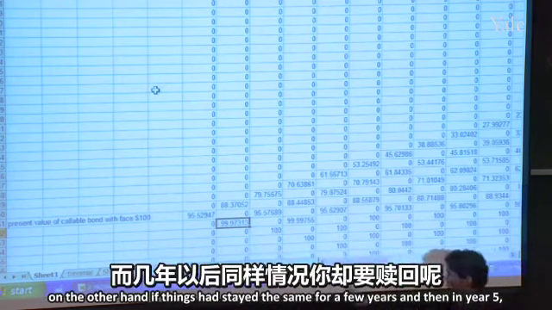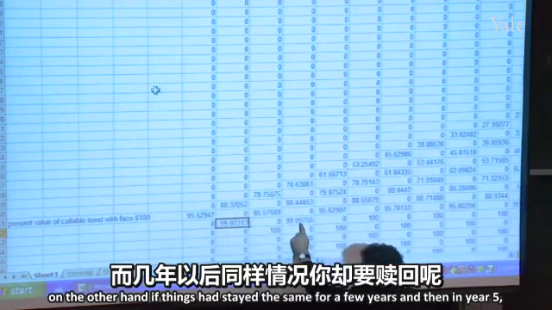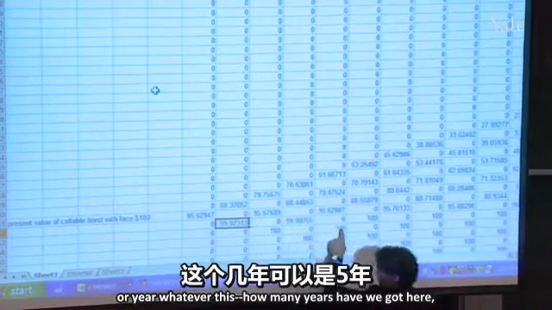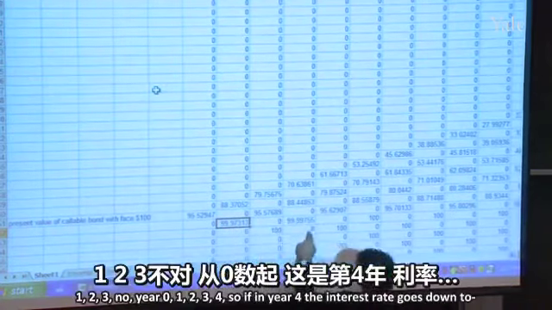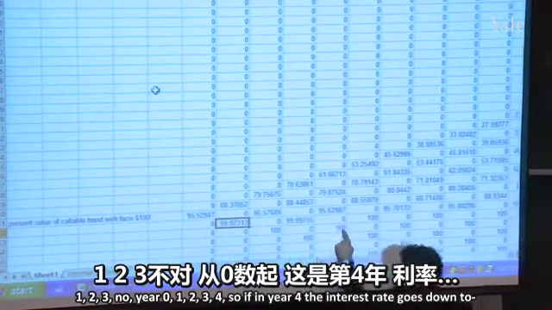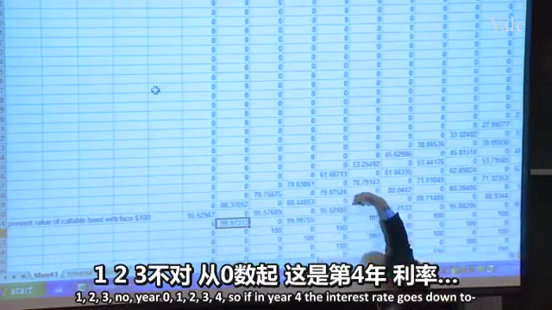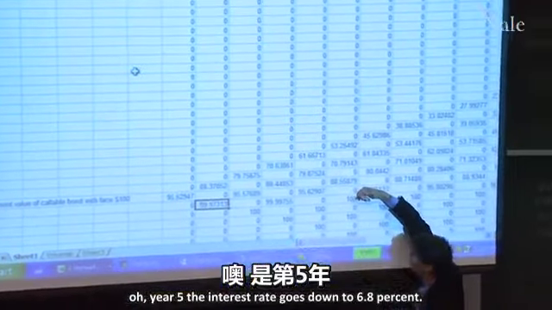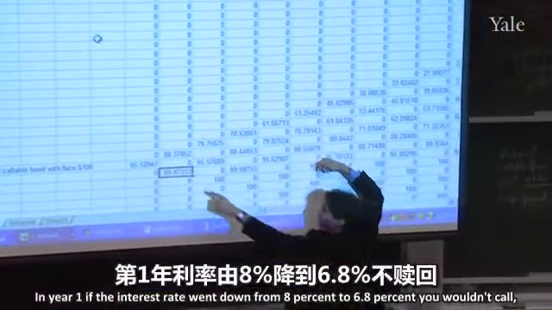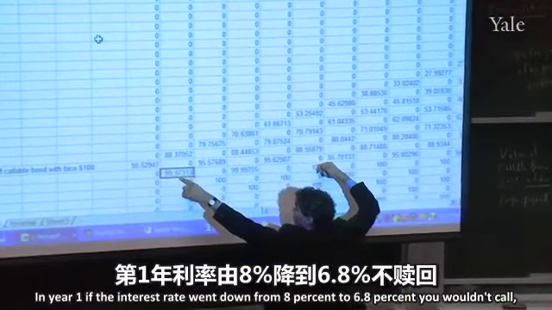On the other hand, if things stayed the same for a few years, and then in year 5, how many years have we got here? Year 0, 1, 2, 3, 4. So if in year 5 the interest rate goes down to 6.8%. In year 1, if the interest rate went down from 8% to 6.8%, you wouldn't call.